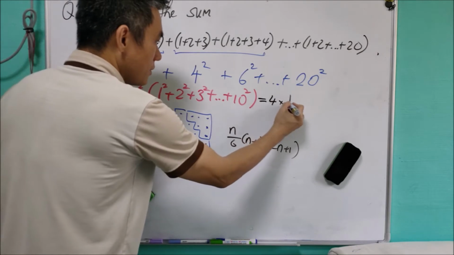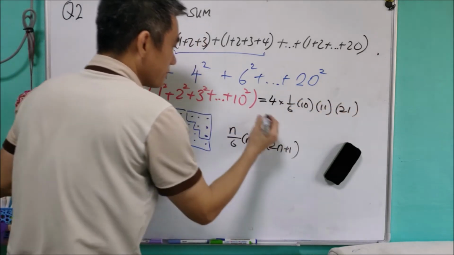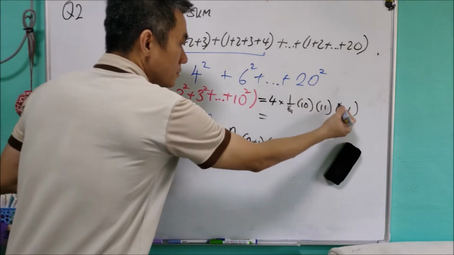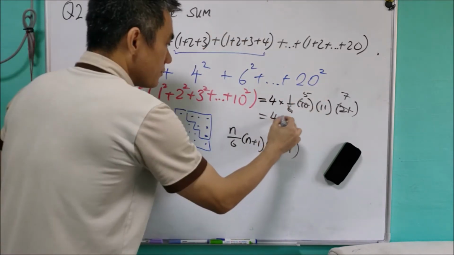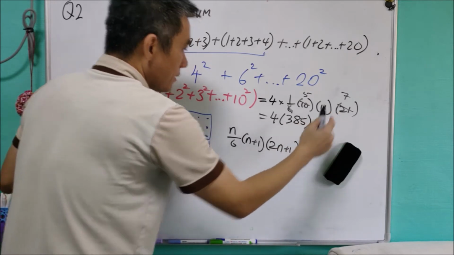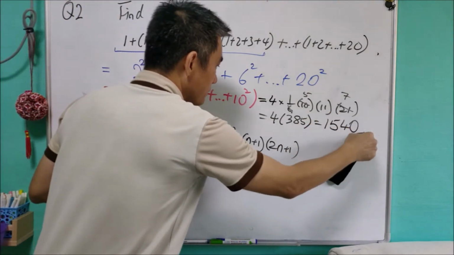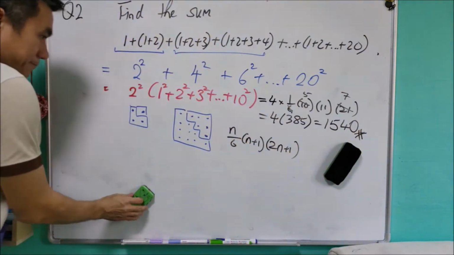So this is 1 over 6, 10, 11, and 21. So this will be equal to 7, and this is 5. So this is 4, and this is 385, and this will equal to 1540.